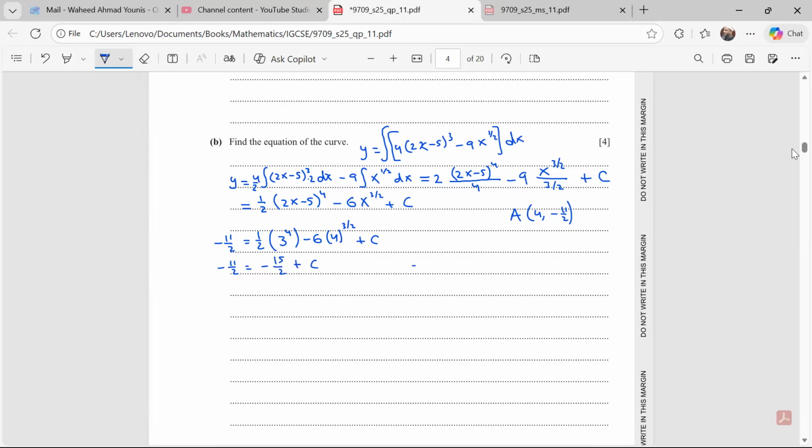So from here, c is equal to 15 by 2 minus 11 by 2. So this will give you 4 by 2, which is 2. So we find the equation of the curve, and the equation of the curve is going to be y equals 1 by 2 (2x minus 5) power 4 minus 6x power 3 by 2 plus 2. So this is the equation of our curve.